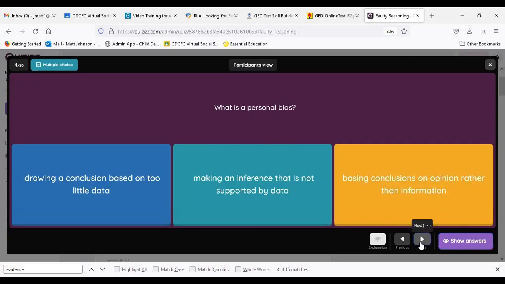All right. Christiana, let's take a look at this one. Faulty reasoning. Is it the first one?